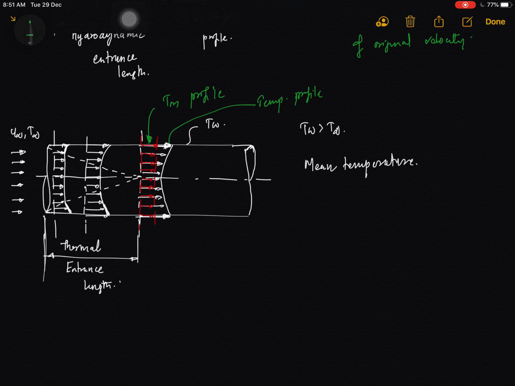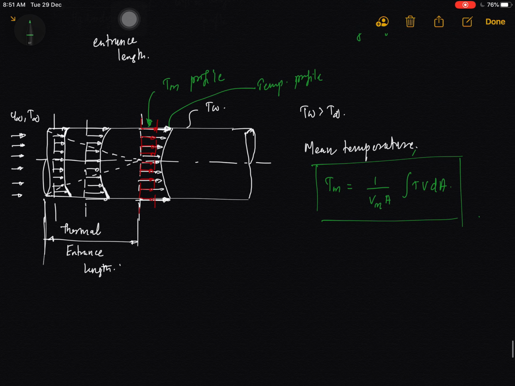And this particular Tm, the mean temperature, will give you the same energy flow rate at the exit as that provided by the actual flow. The mean temperature is given by the equation Tm = 1/(Vm A) integral T v dA. This is the equation we use to determine the mean temperature.